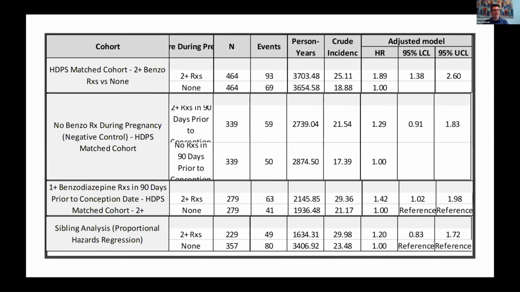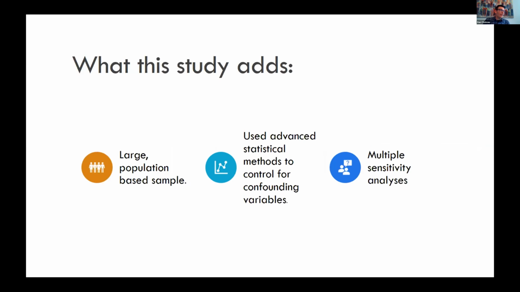So we've got a little bit of a dog's breakfast here in our outcomes. The initial analysis, which we have some confidence in, is a fairly large hazard ratio. The sensitivity analyses suggest it's likely somewhat smaller, maybe not nil, maybe it's lower. So we do add a large population-based sample. We about doubled the number of exposed pregnancies over that prior study that I pointed to at the beginning.